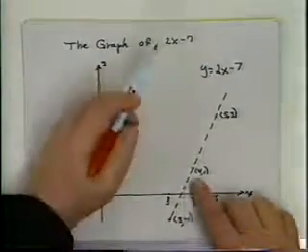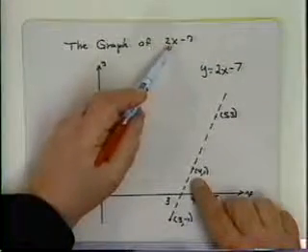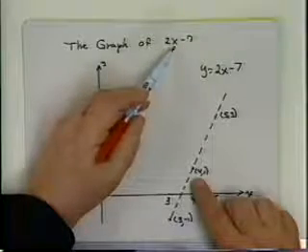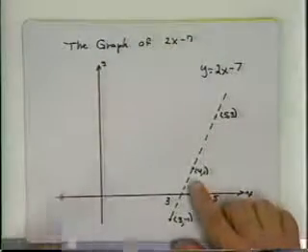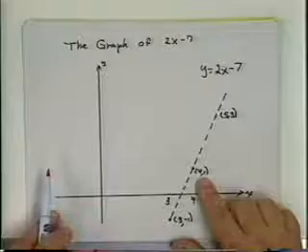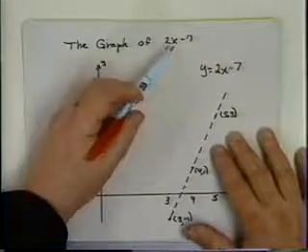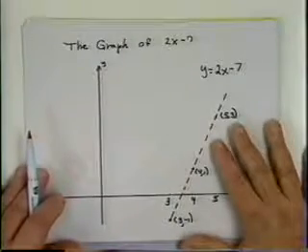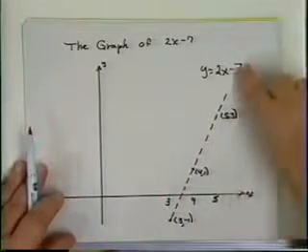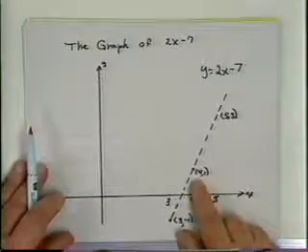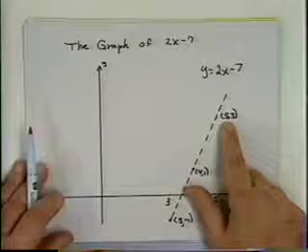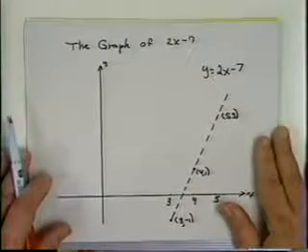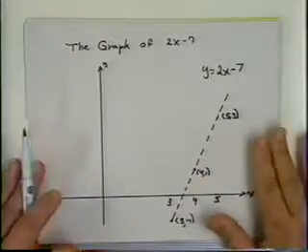We know, for example, when x is 4, 2x minus 7, that would be 2 times 4, which is 8, minus 7 is 1. So 4 comma 1 is a point on this line. And when x is 5, 2 times 5 is 10, minus 7 is 3. So 5 comma 3 is going to be a point on this line. So what will this line look like? It's the straight line that joins 4 comma 1 to 5 comma 3.